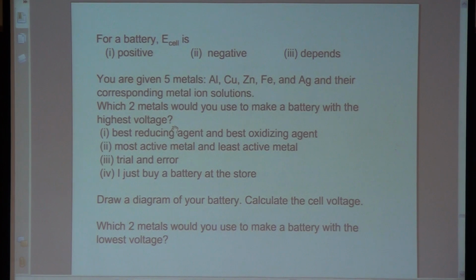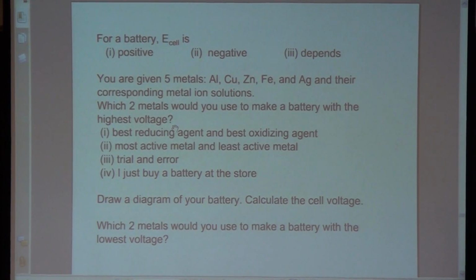You figure, what do I have to put together just to get the radio on so I can see when the power comes back on, run the dishwasher and watch the news on TV before you go to sleep? So how are you going to figure out what metals to use?